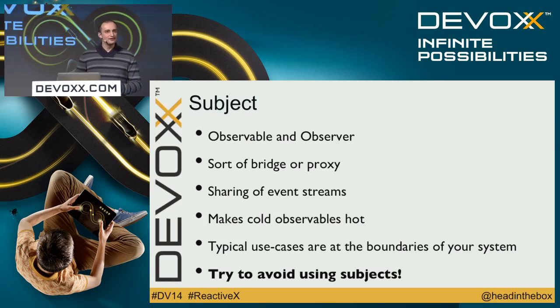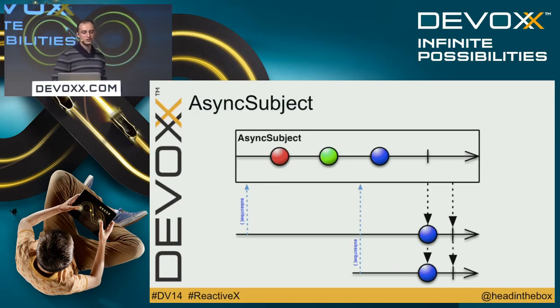But in 9 out of 10 cases, you really don't need subjects, where you can just suffice with the observable create method, for example, and wrap your events inside that. But nevertheless, there are legitimate use cases for subjects, and I will just show you the 4 important subjects that we have defined in Rx.